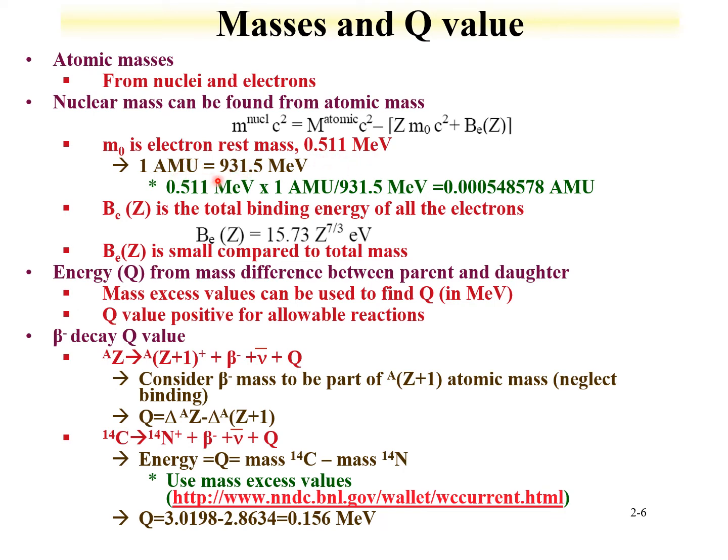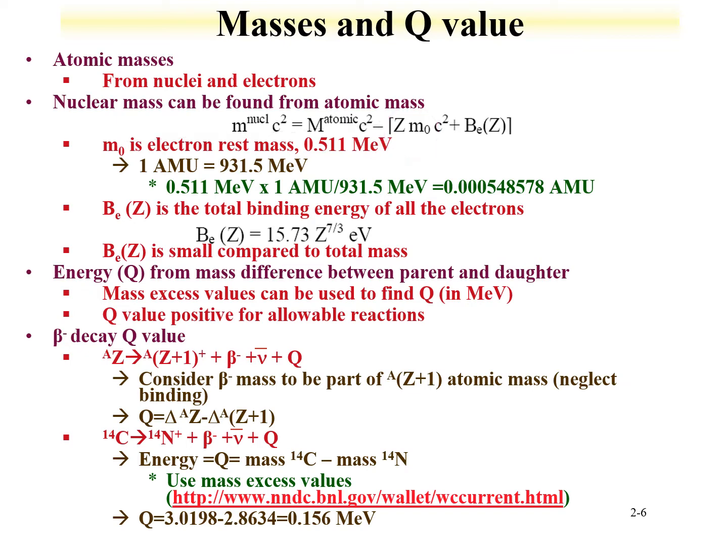We know that the atomic mass unit is about 1,000 MeV, so the 0.511 MeV electron mass divided by 931.5 MeV is a pretty small number, 5.5 times 10 to the negative 4. So the fraction of the mass that the electron has compared to one nucleon is pretty small. In that regard, eliminating the electron mass from this equation makes sense.